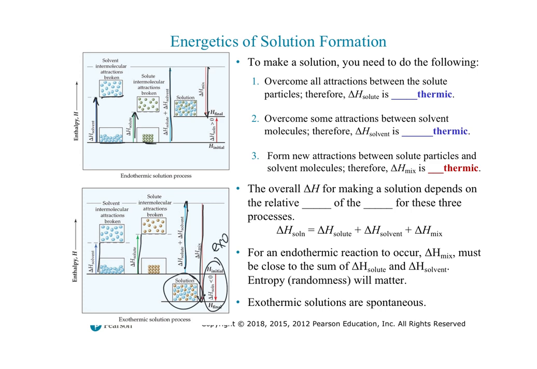If they don't have as strong of an attraction, then our mixing enthalpy is not super large, then our process will be endothermic. So to make a solution, again, we need to break apart all of our solutes. So the delta H solute is endothermic. And then we also have to break apart our solvent molecules.